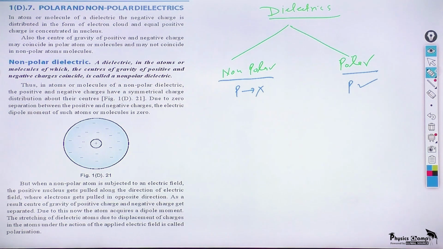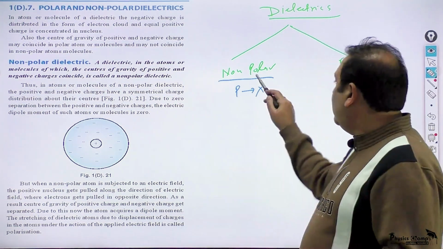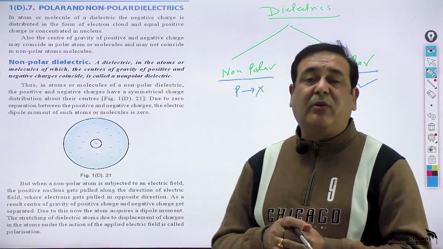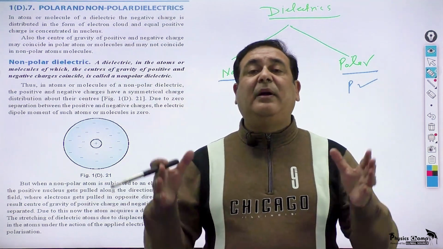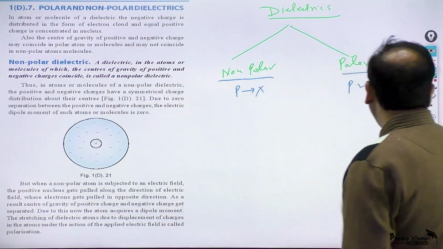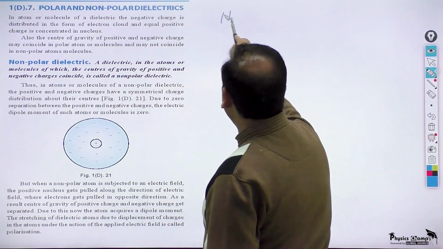Let's talk in detail about these non-polar and polar dielectrics, and understand how their behavior will be when kept in an external electric field. Let me first talk about non-polar dielectrics.